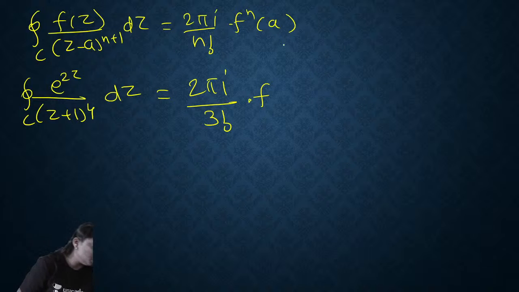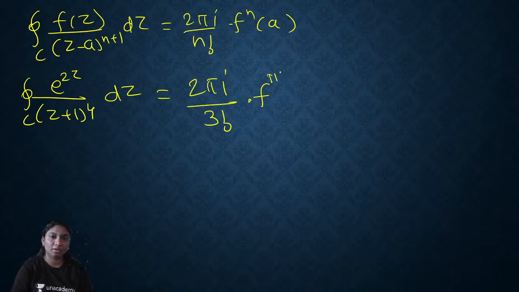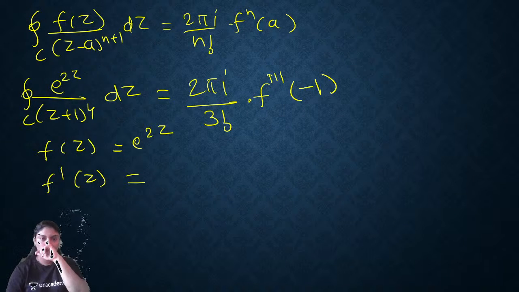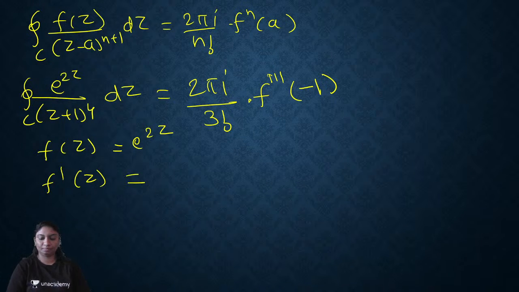Here you will get f triple dash at a, where z compares with a, so f is e raised to 2z. यहाँ पे 2 pi I upon 3 factorial into f triple dash at -1. So you will get 2 pi I upon 3 factorial, which is 6, into f triple dash at -1.